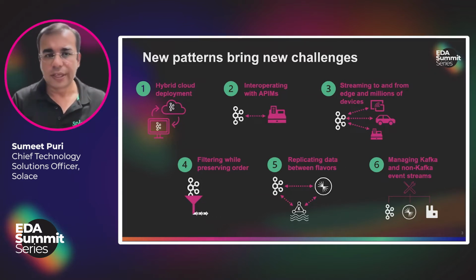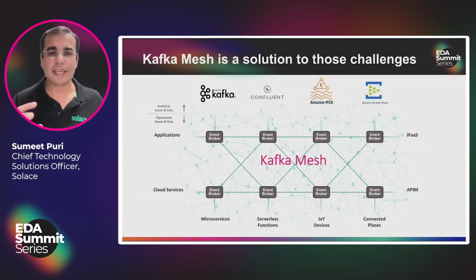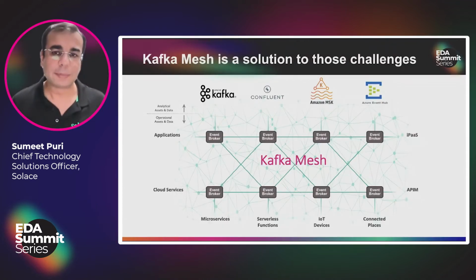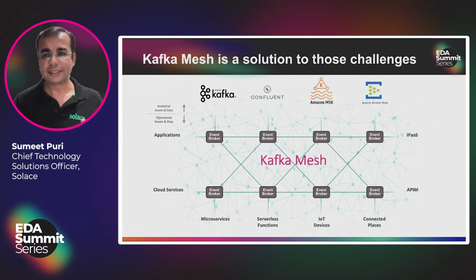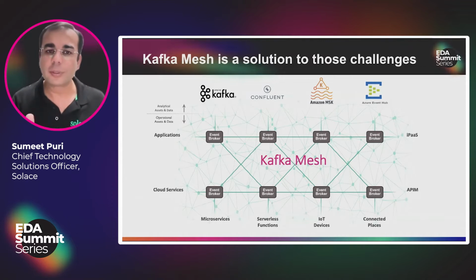So looking at these challenges, that is where we had conceptualized the solution, the Kafka Mesh. I won't steal TK's thunder. He's going to talk a lot more about it. But essentially, it's a network of event brokers which solve some of these problems. So filtered, guaranteed, secure, WAN-optimized streaming of events, and they connect natively to Kafka clusters of all flavors.